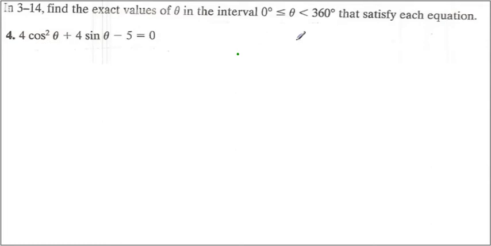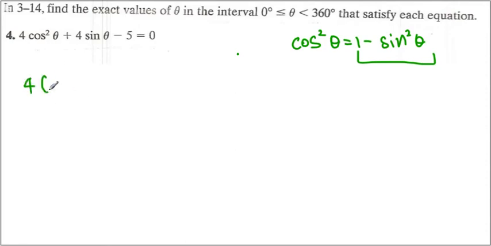Here we'll be using cosine squared theta is equal to 1 minus sine squared theta. So if you substitute this into this location, we'll end up getting something like this: 4 times 1 minus sine squared theta plus 4 sine theta minus 5 equal to 0.